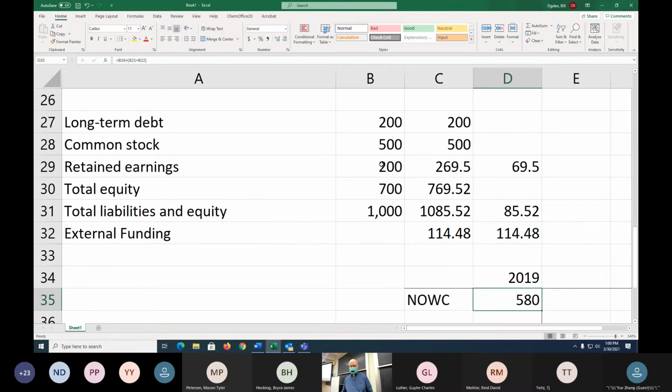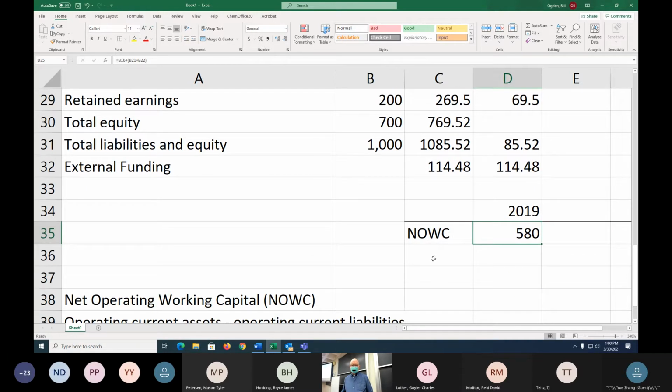So I'm showing 580. Yeah, so 500 minus 20. Okay, then the net fixed assets. And let's take those as they are.